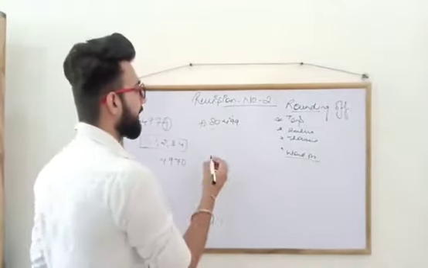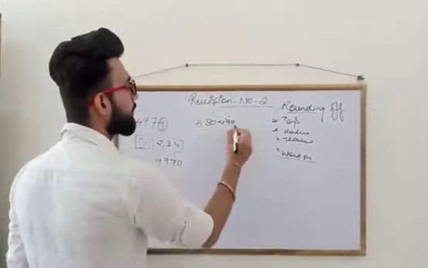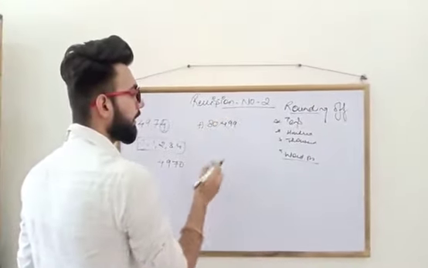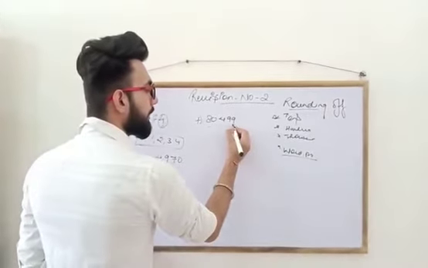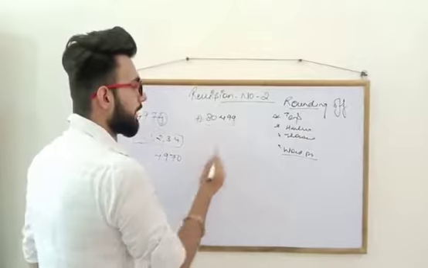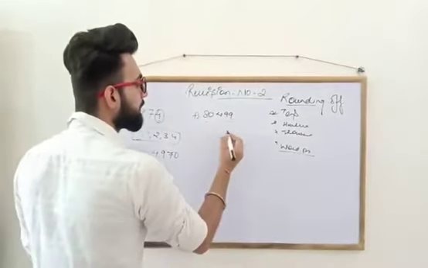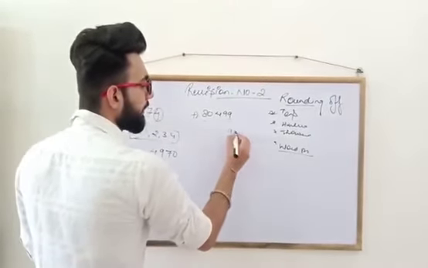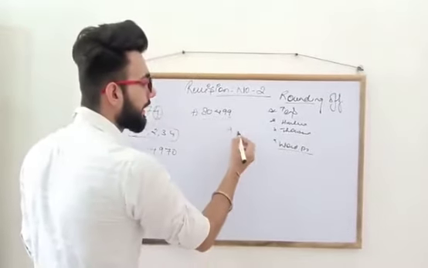Move on to the second question, 80,499. Again we check the digit at the ones place. It is 9, which is greater than 5.